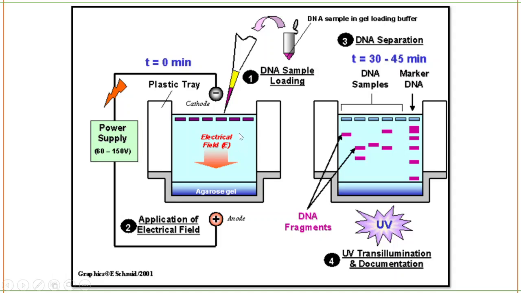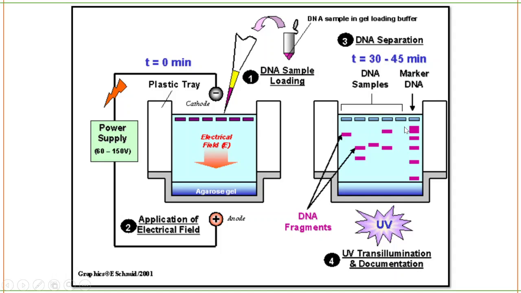So after the gel has been run, DNA separation will take place, and this will take around 45 minutes. You can see in one well you will be loading a DNA marker, which is of known size, so how many kilobases each DNA fragment contains is known.